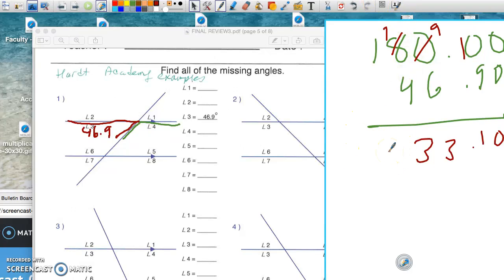So I have my 133.10. 133.10 is angle 4, because with those two together you get 180. Yep. So angle 4 is 133.10.